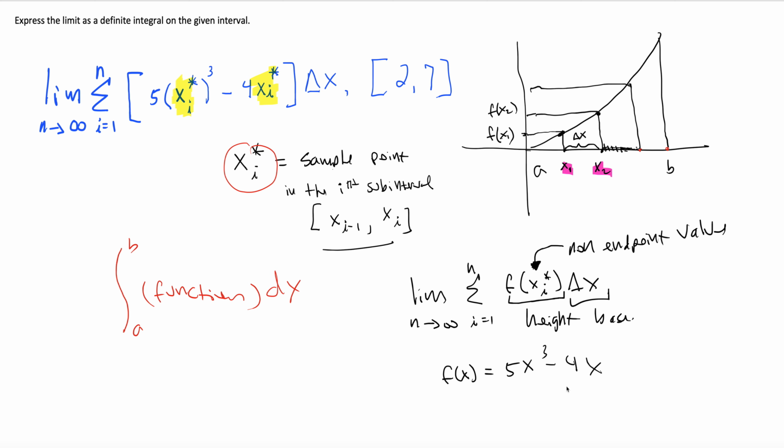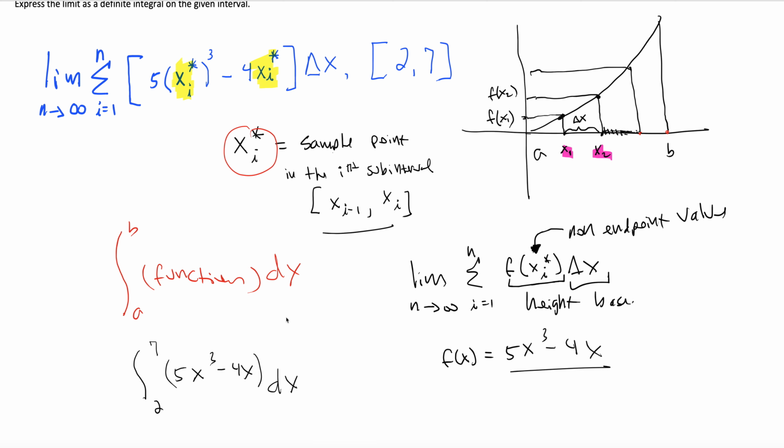That's our function, and we know we're going from 2 to 7. So we go from 2 to 7, and we have our 5x cubed minus 4x from right there, and we're going to go dx. I'll put that in parentheses. And that's it. There's your answer.